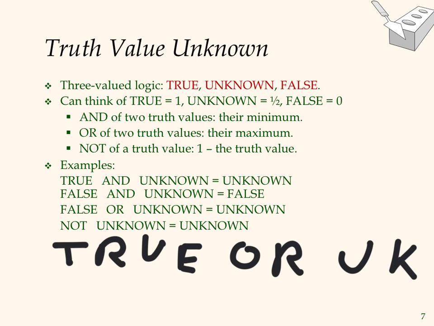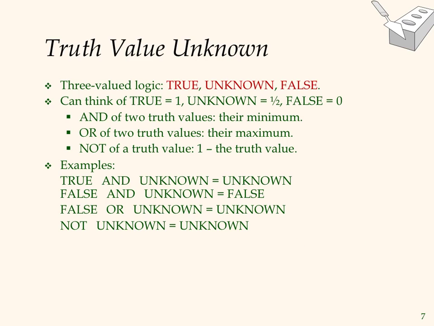Okay, so if we apply that to our various cases down here, here's what we get. Let me get rid of this first. Let's say we're looking at true or unknown again. So this one. True is 1.